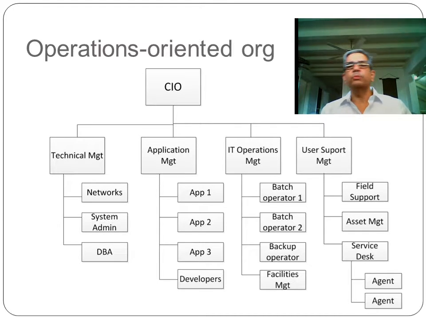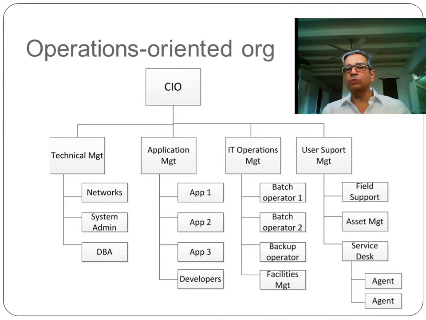IT operations management is a commonly overlooked team, but has a very important function in running batch processes on one hand, as well as supervising the condition of our facilities. Facilities would include the data center, for example, and other common facilities across the organization. Batches would include reports, billing, as well as balances, for example, that are run in a bank.